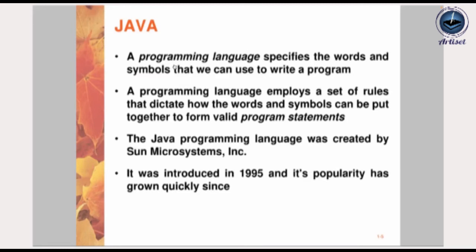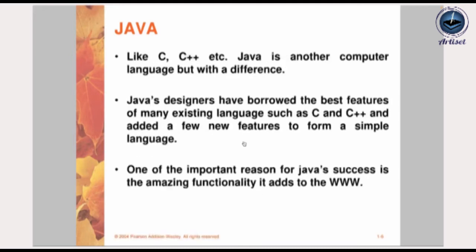The Java programming language was created by Sun Microsystems, and as I told you, it was introduced in 1995. Like C, C++, etc., Java is another computer language, but with a huge difference. Java designers borrowed the best features of many existing languages such as C and C++ and added new features to form a very simple language. One of the most important reasons for Java's success is the amazing functionality it adds.